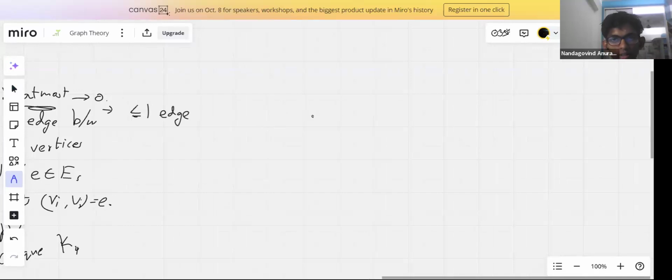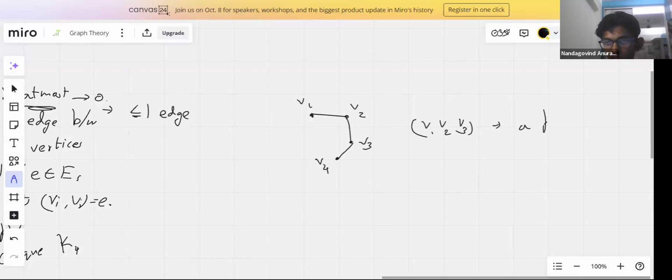So now what is a path? If I have a graph like this, V1, V2, V3, V4, then V1, V2, V3 is a path.